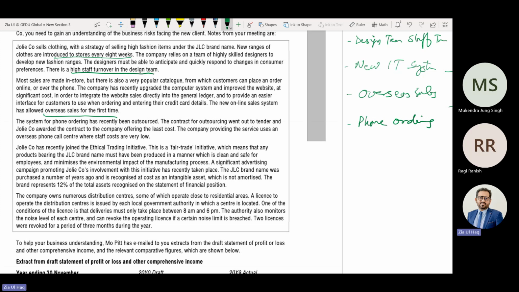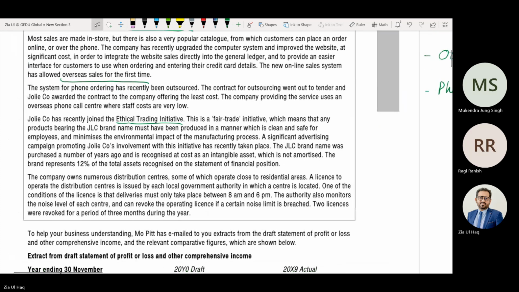Jolly Company has recently joined the Ethical Trading Initiative. Ethical Trading Initiative means from now onward we will perform business operations ethically. Ethically means we will care about all the stakeholders. We will care about the employees. We will not allow child labor. We will limit the damage to the environment as well.